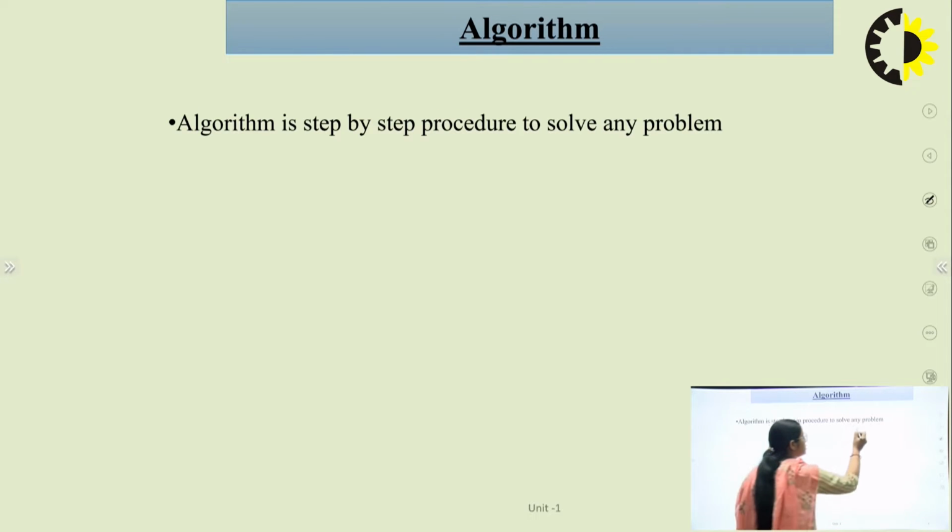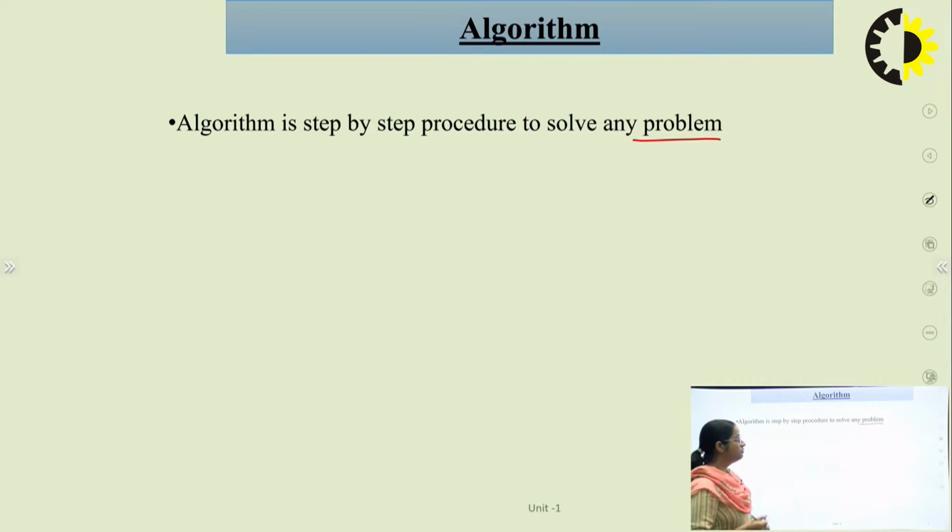We have to focus on the word problem. Here a problem is basically any program that we are going to design. If I am talking about a simple problem, suppose we have to add two numbers, a plus b. So this is the problem, the sum of two numbers.